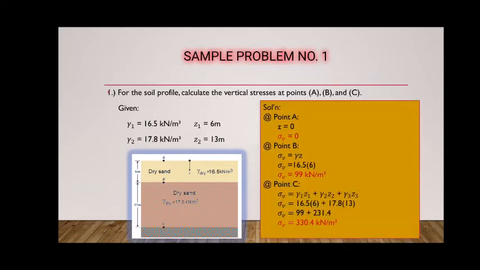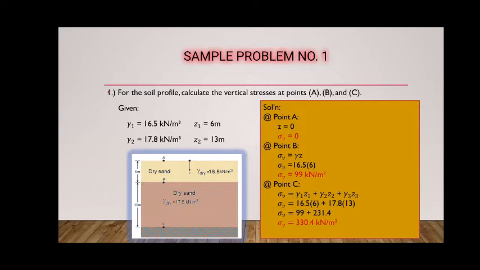For the solution at point A, since point A is the first point and it is placed at the ground surface, z is equal to 0, then our vertical stress is equal to 0.